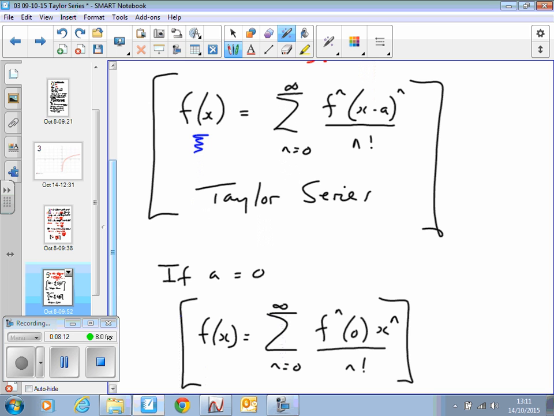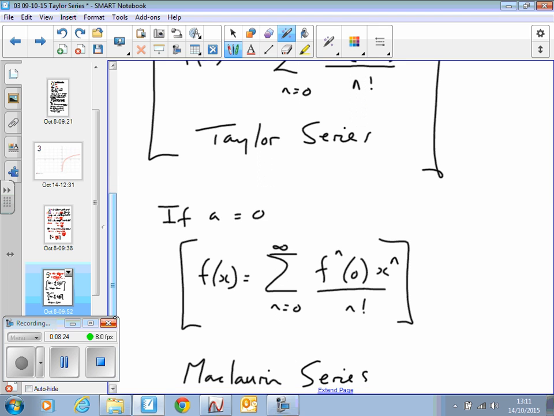If a equals 0, then that simplifies things a bit. If a equals 0, in other words a equals 0 here, that's gone and we're just left with f(x). So f(x) turns out to be the value of the nth derivative of the function at 0 times x to the power n over n factorial.